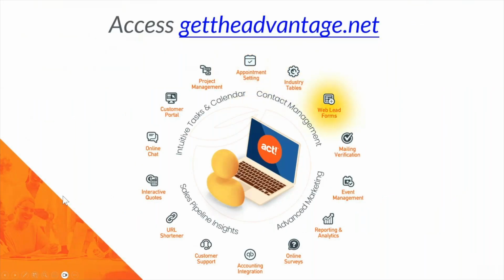So this is a little GIF that we built, but basically Act Advantage creates an ecosystem that involves appointment settings, custom tables, web forms, email list verifications, event management, reporting and analytics, online surveys, accounting integration, customer support, URL shorteners, interactive quotes, online chats, customer portals, project management.